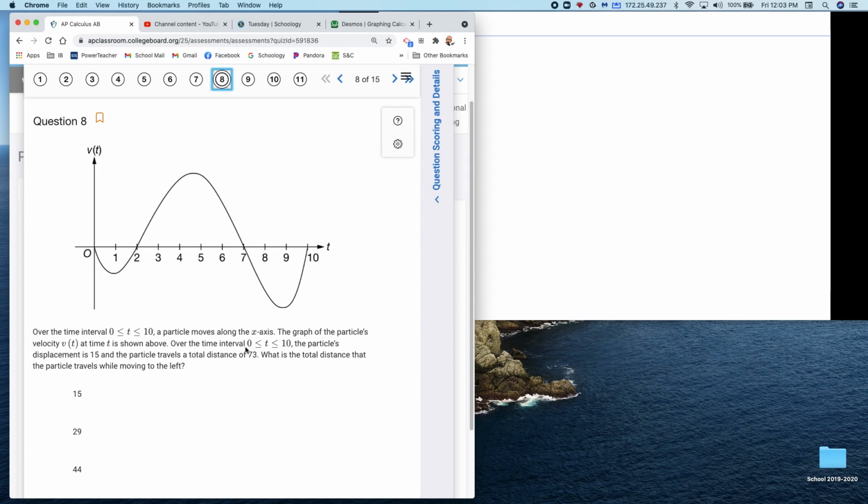It says over the time interval 0 to 10, the particle's displacement, the change in position, is 15, and the particle travels a total distance of 73. What is the total distance that the particle travels while moving to the left? Here's the way I would do this.